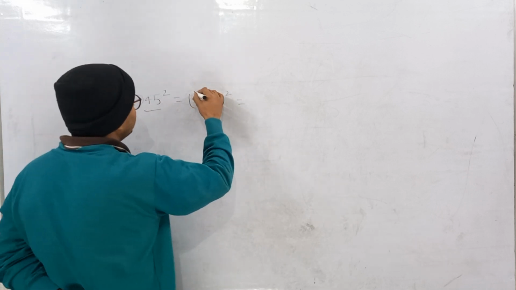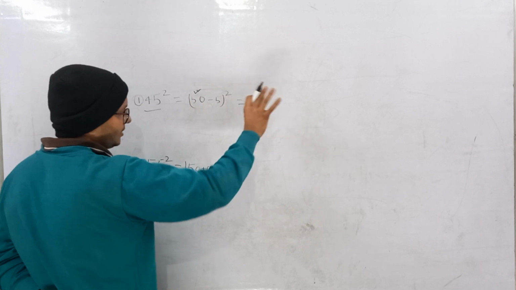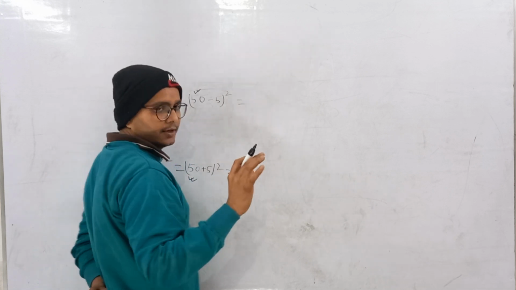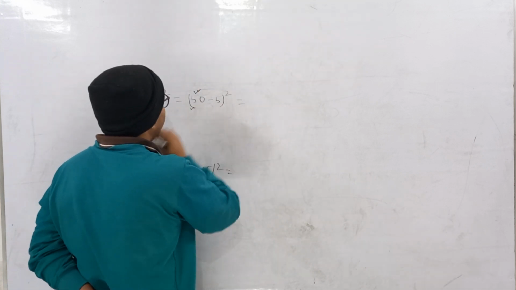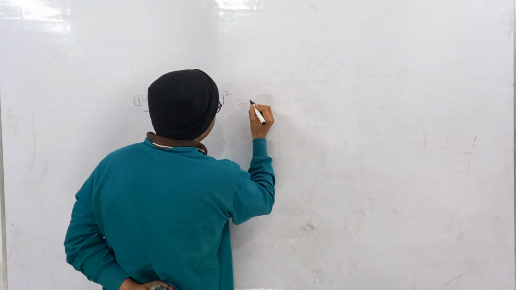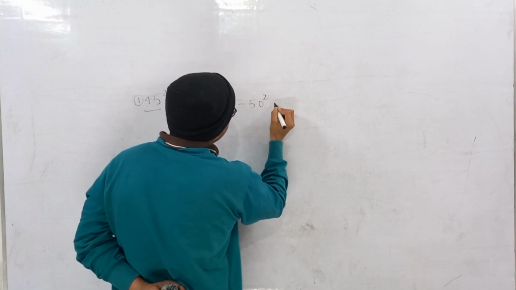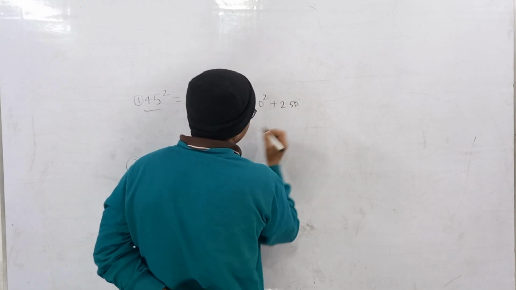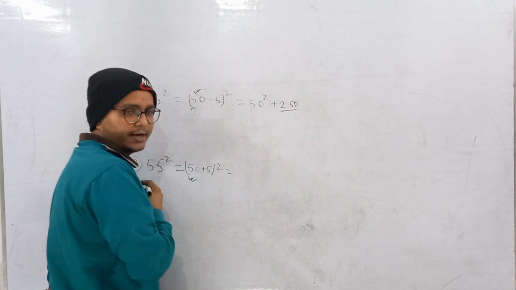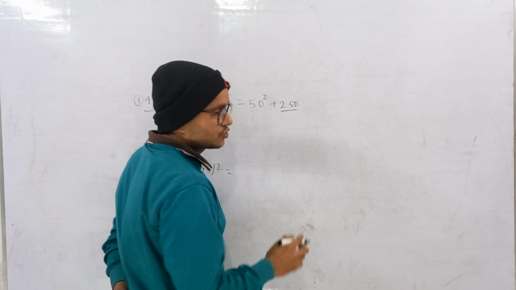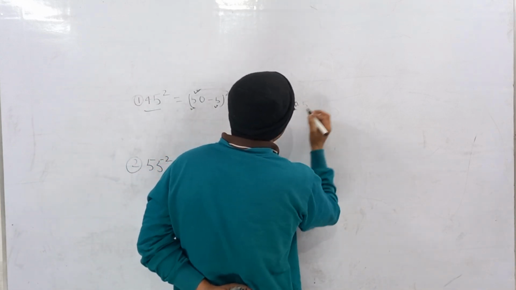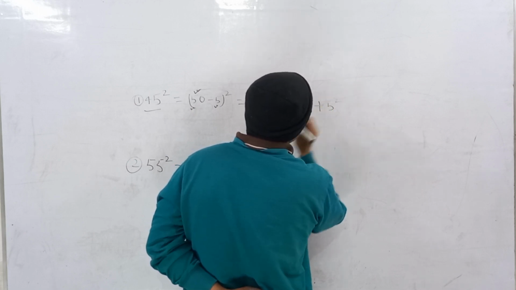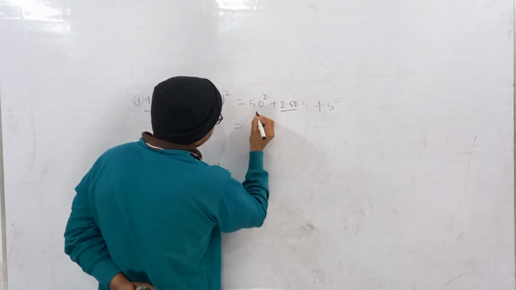Why have we taken the base 50? Once I write it here in detail, you will understand why I have taken the base 50. Here you see what we write: 50 square plus 2 into 50, which you can easily remember, then into 5, then plus 5 square, which is 5 square.